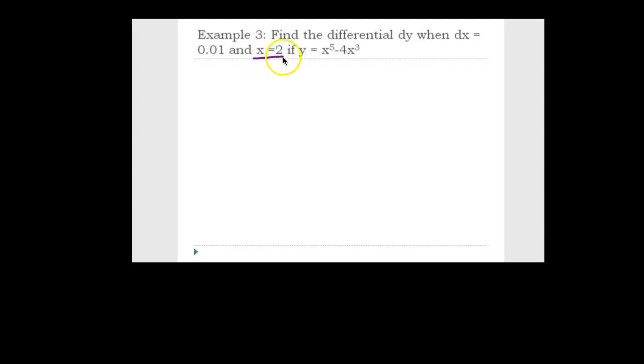So again, here's your x is 2. So we have y equals x to the 5th minus 4x cubed. So if this is y, I need dy. So we're going to find the derivative of y with respect to x. So this is like finding dy dx.